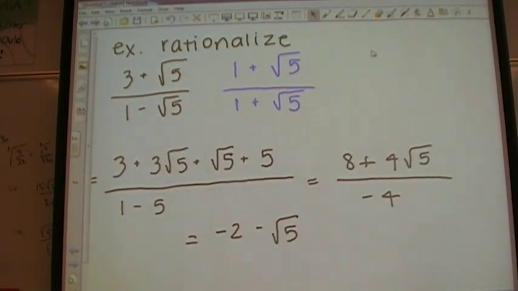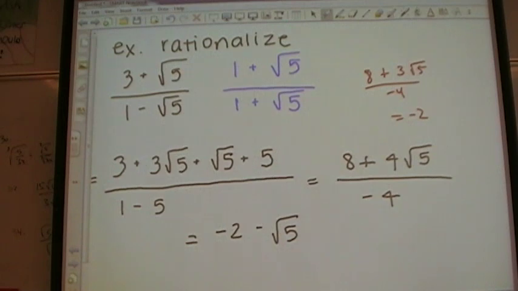What do you mean? Okay, let me show you what I mean by that. If I had something like this, 8 plus 3 root 5 over negative 4, that would simplify to negative 2, right? Because 8 divided by negative 4 is negative 2.